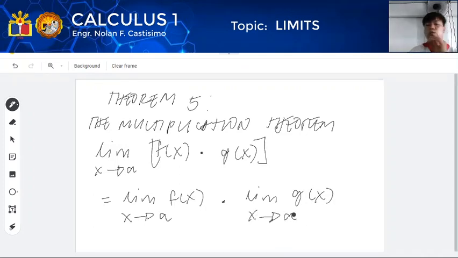Ayan. So, dalawang function, pinaghiwalay ang limits. Then, i-multiply lang natin. Lalo kapag given na yung value ng limit of f of x and given na yung limit of g of x, pag-multiplyin na lang natin sila.